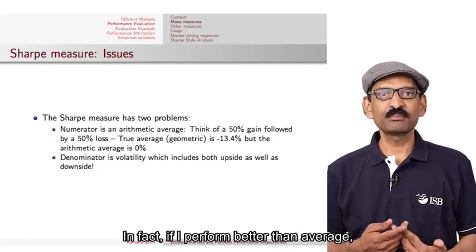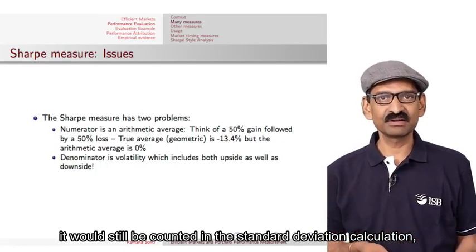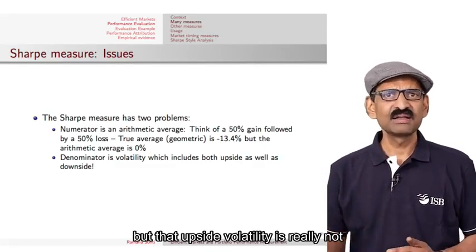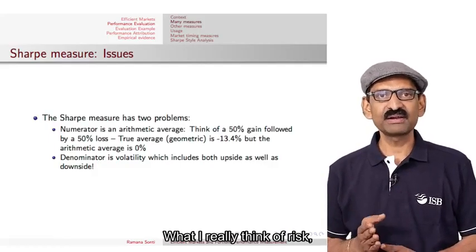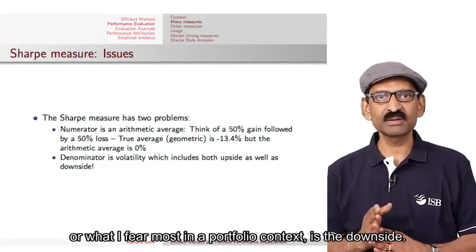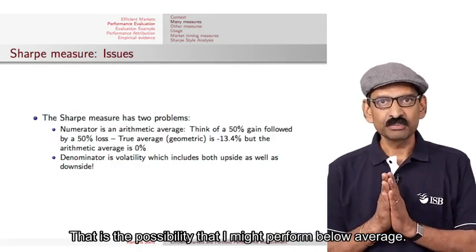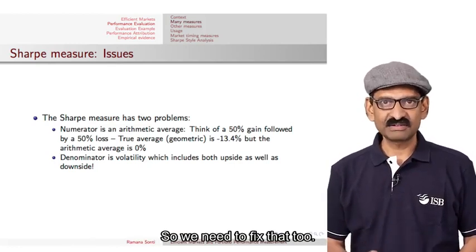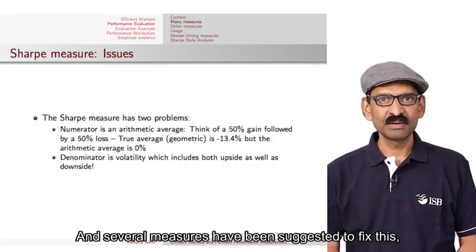In fact, if I perform better than average, it would still be counted in the standard deviation calculation, but that upside volatility is really not something that I traditionally think of as risk in my portfolio. What I really think of as risk, or what I fear most in a portfolio context, is the downside. That is the possibility that I might perform below average. So we need to fix that too. And several measures have been suggested to fix this, and we will discuss this soon.